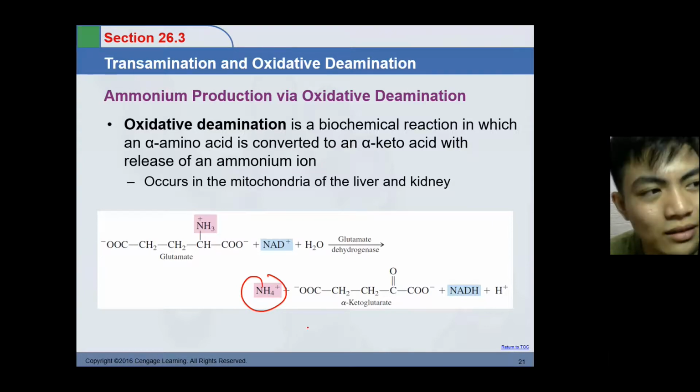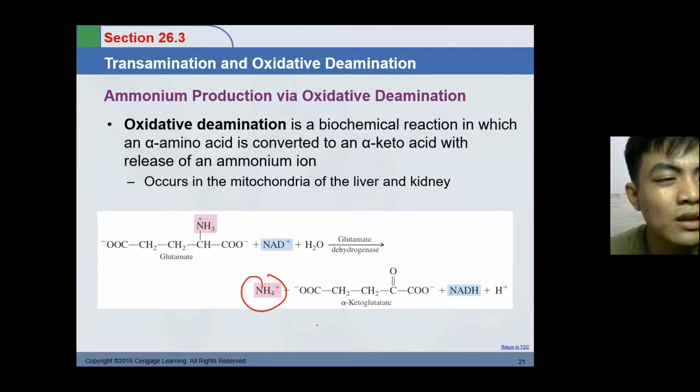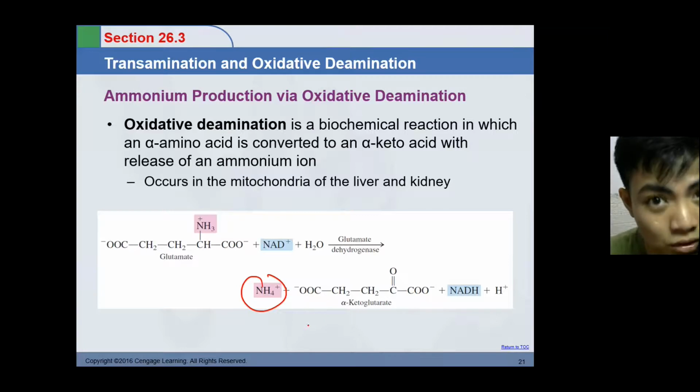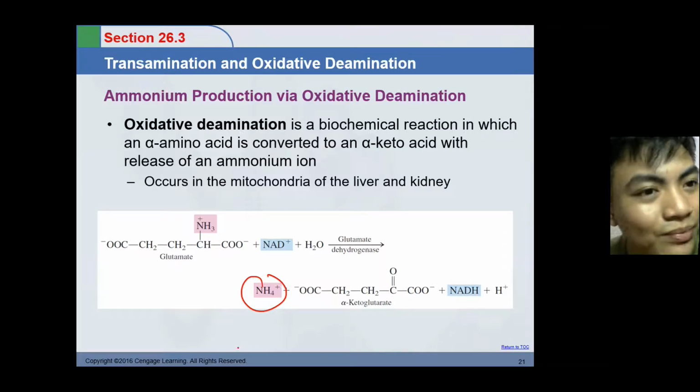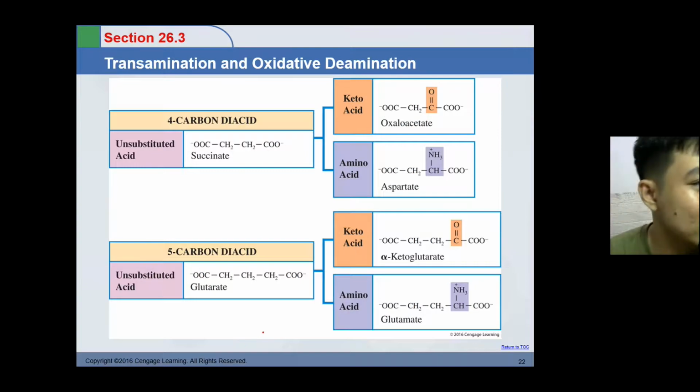However, in the oxidative deamination, it produces ammonia. Okay? And ammonia, when it builds up in the body, it is dangerous. Okay? So later, makikita natin how we can get rid of the ammonia. Okay? So, bigyan ko na kayo ng clue. Dadaan yan sa kidney. Okay? So yan, ilalabas yan natin through urea.